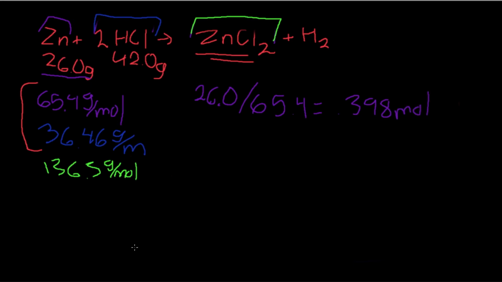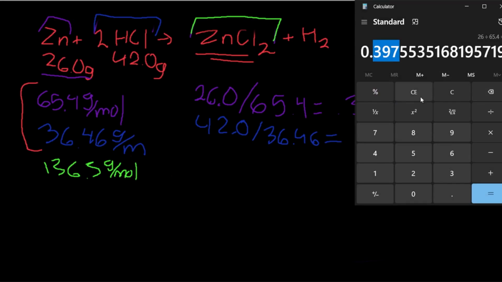So now we do our hydrochloric acid, which will be 42.0 divided by 36.46. Let me type that into our calculator.